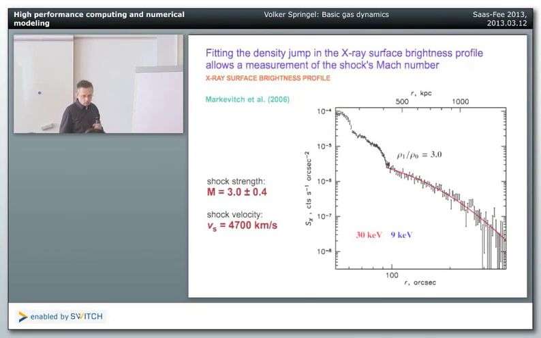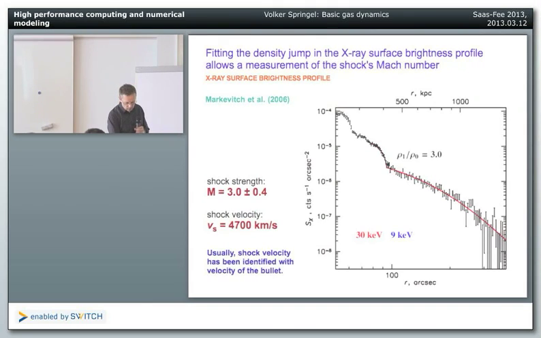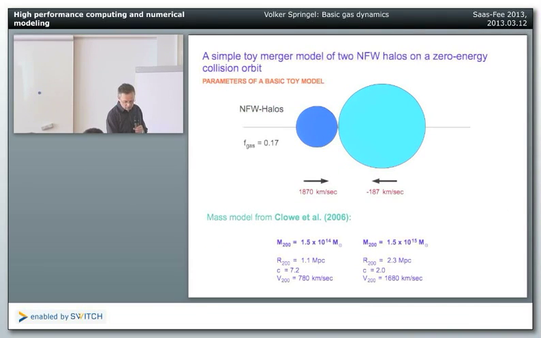So that's interesting astrophysics. In cluster physics, you can directly apply these Rankine-Hugoniot jump conditions. But I don't want to discuss much of the science about the shock velocity, whether this is then really the speed of the bullet. It's not actually; this identification is a bit premature.